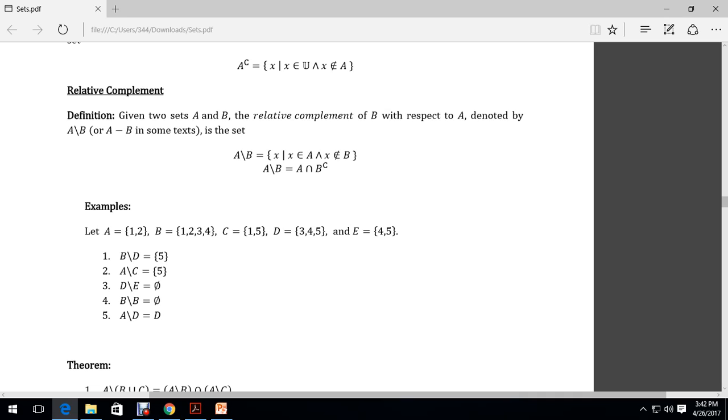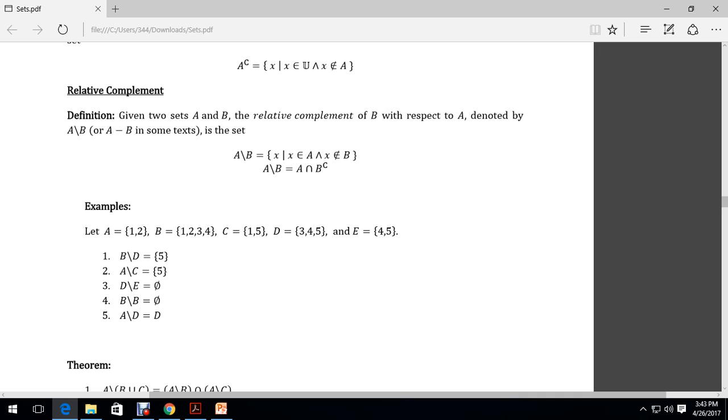Again, what is meant by this statement of the relative complement in this example is the set of elements in D that does not appear in the set of elements of B. In this case, the only element in D that does not appear in B is the element 5.